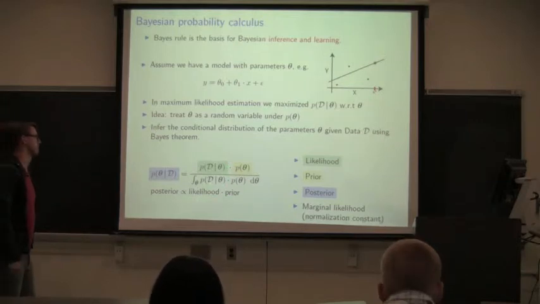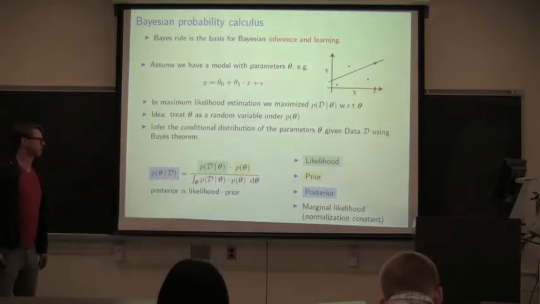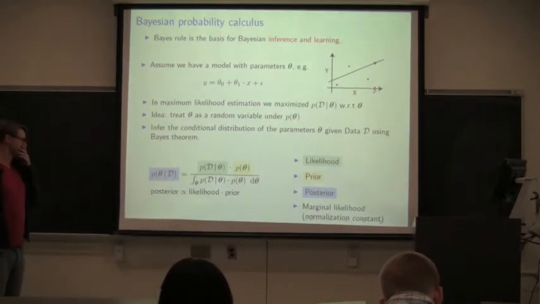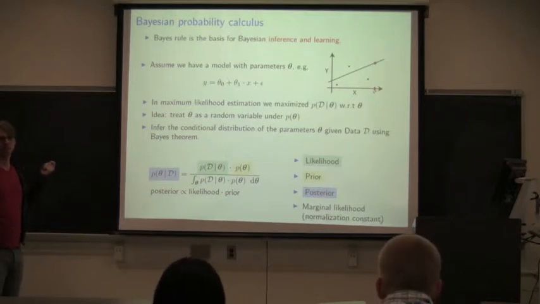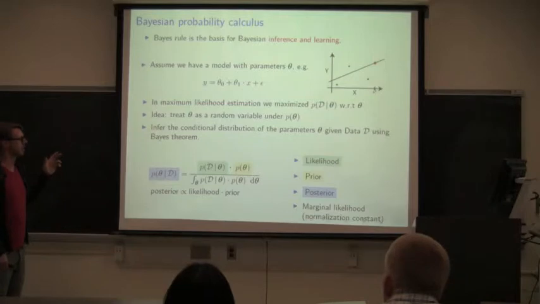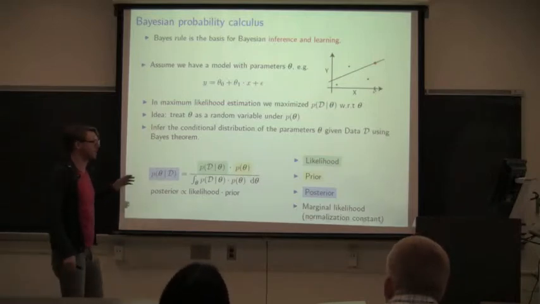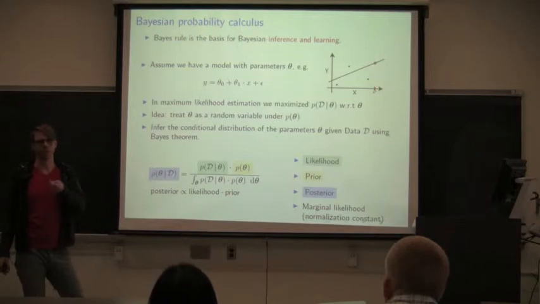So it's the likelihood times the prior and integrated over the parameter, which just means what is the average likelihood or the average probability of the data taking all possible values of the parameter into account.